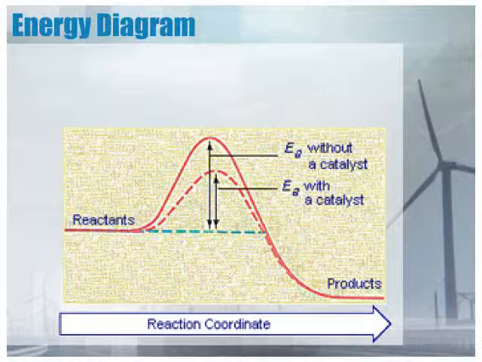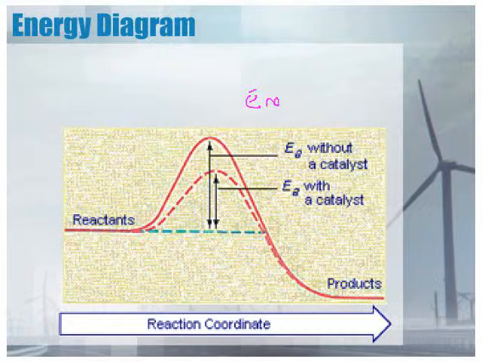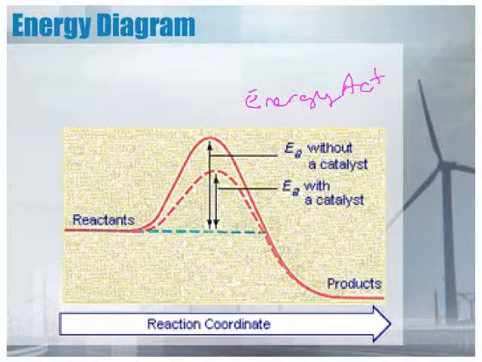So this is an example of a graph. You've got your reactants. Your E sub A is energy of activation. That's how much energy it takes to get the reaction started, and then you have your products down here.